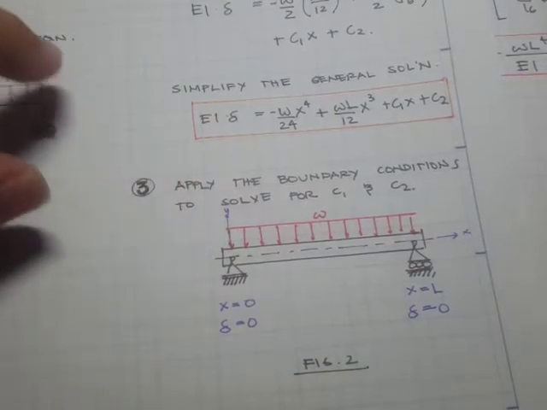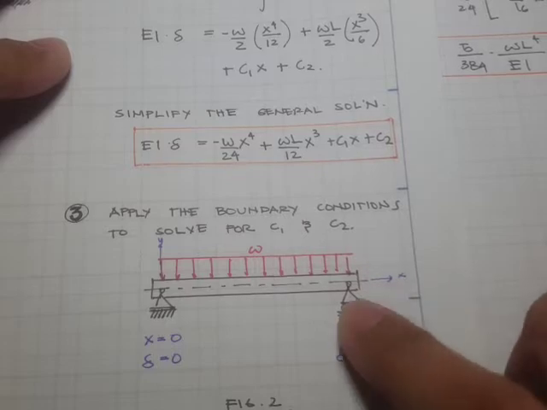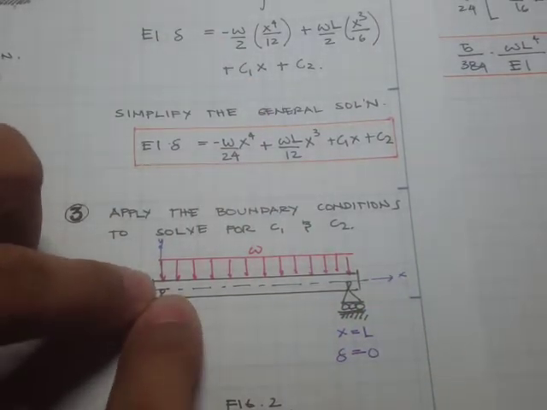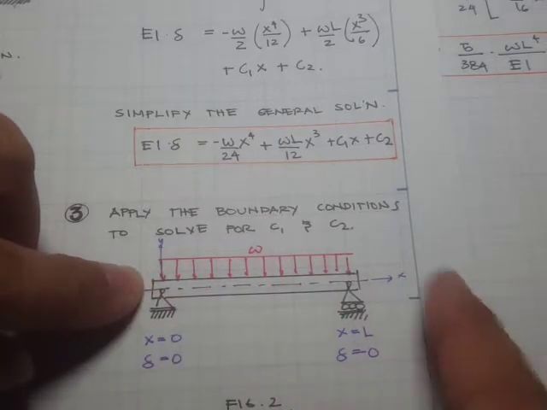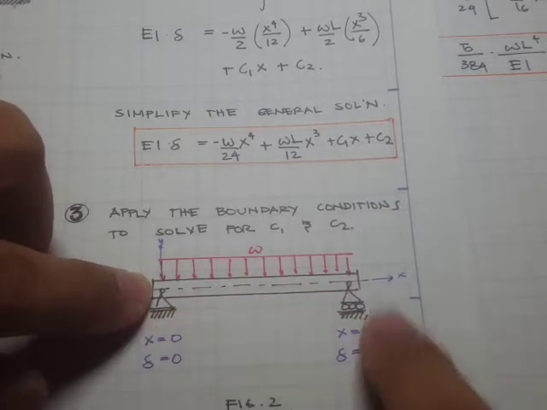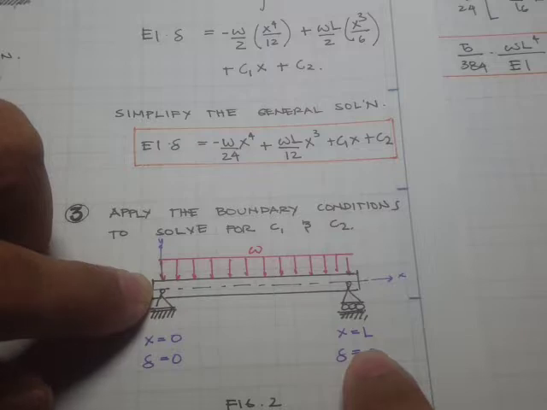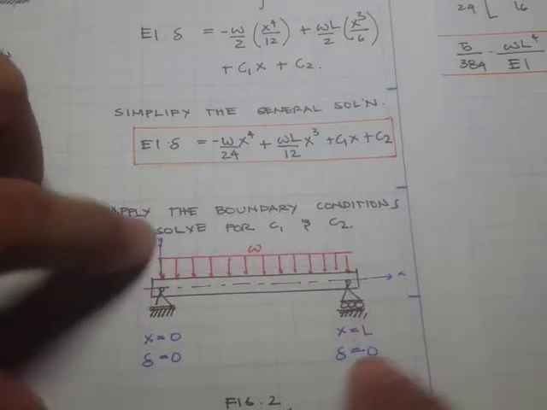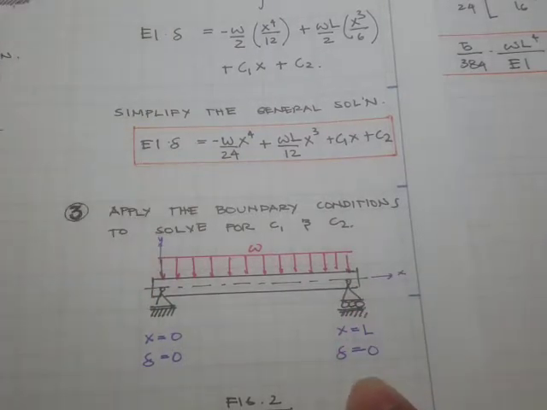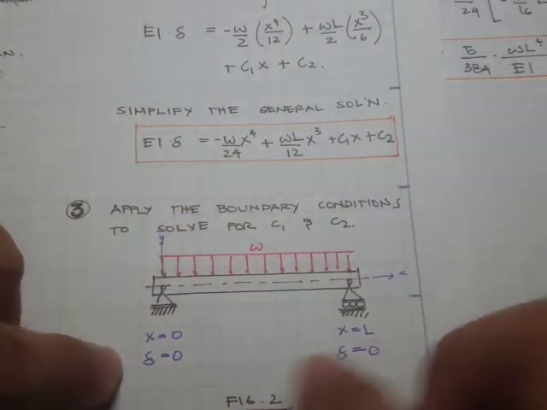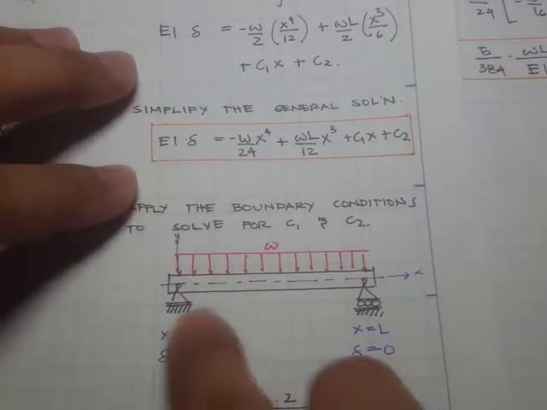The same is also true at point B, at this roller support. From this reference point, the x distance here is x equal to L, and again the deflection is 0.